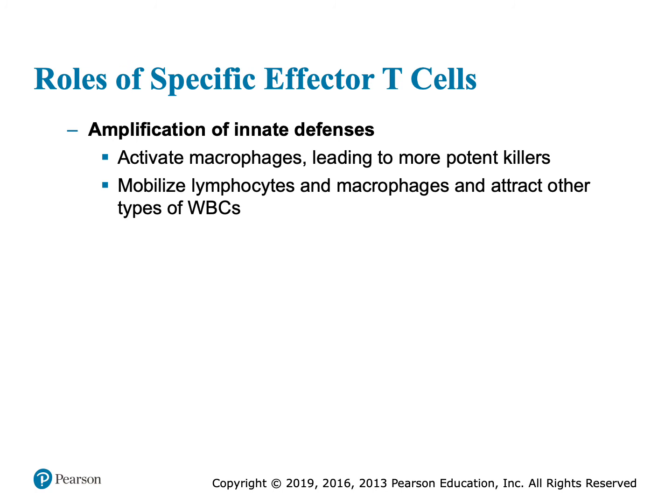How do T cells help with innate defenses? Well, you had those macrophages, remember? And they're constantly patrolling, and they're non-specific. But what can happen is a helper T cell can take some of those cytokines and sprinkle macrophages, and that makes them better killers.